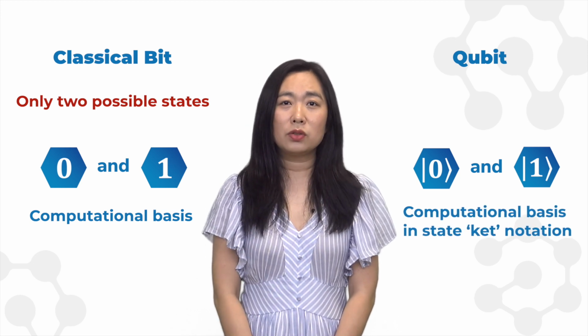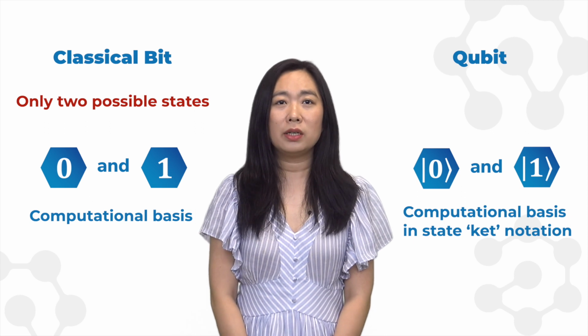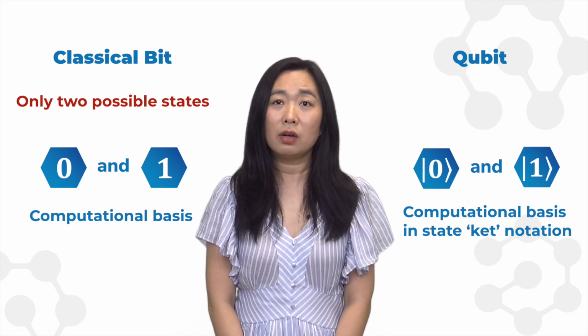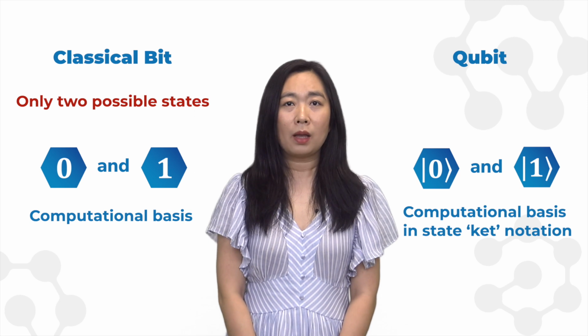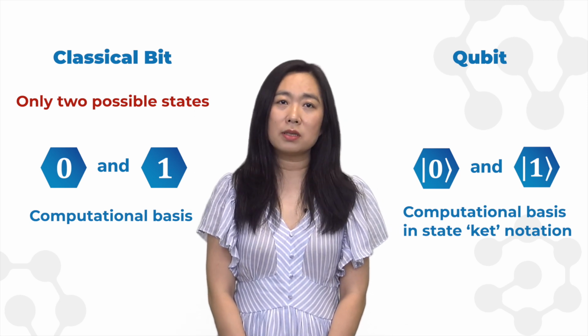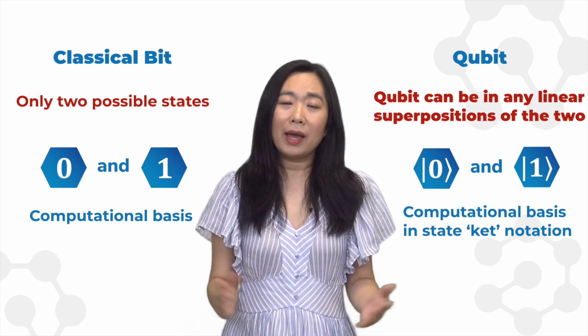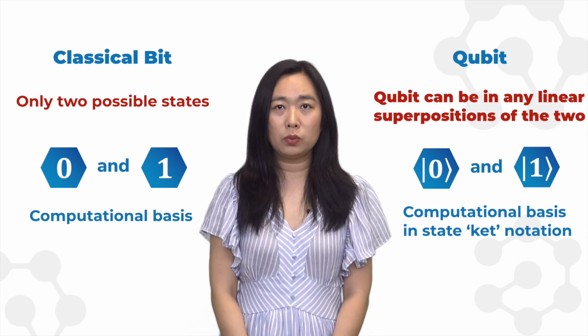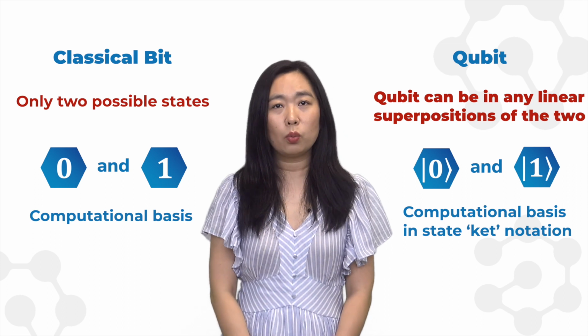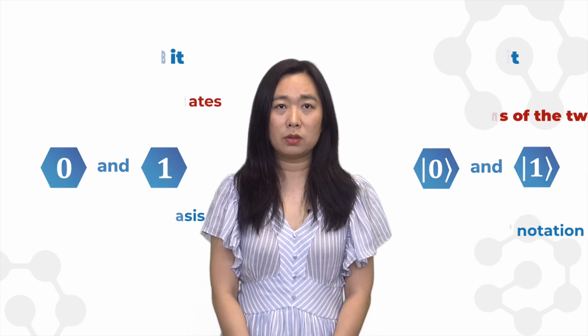This symbol, the so-called ket, is a notation used for the indication of a quantum state. However, different from a bit, a qubit can be in state 0 or 1 or any linear combination of the two, any linear combination with complex coefficients.